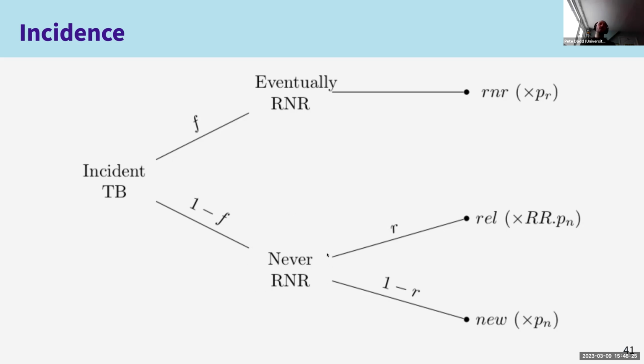Then those who never will become retreatment, not relapse, are split further into patients who are relapse and patients who are not relapse, who get the new prevalence attached to their numbers. And then the relapse group gets a number based on a meta-analysis of the levels of rifampicin resistance, which are somewhat intermediate between the new and the retreatment, not relapse groups.